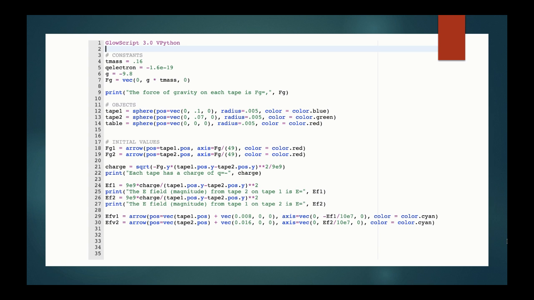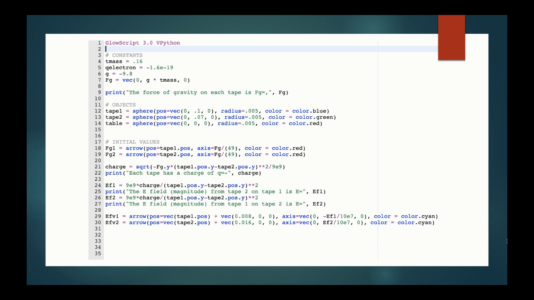So here's the code I made for the experiment. And really it just went back over what we just did. As you can see, I created 2 tape objects as well as a table object, and the tapes were 0.03 meters apart.